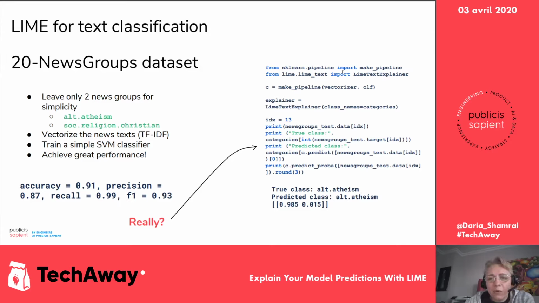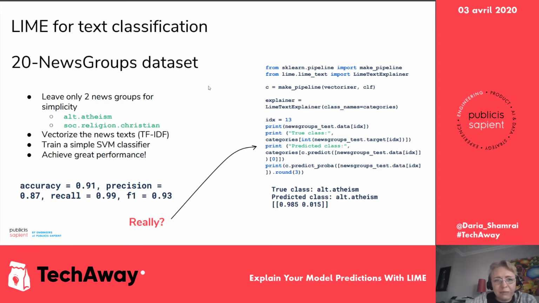Okay, and now we're going to move towards a really practical application of LIME. So I took an example of text classification, and I used the 20 newsgroups dataset, and it's very familiar to people who study data science, because it can give you all the possible spectra of emotions, from being super happy up to being absolutely confused when, for example, you try to do cluster analysis on this thing.